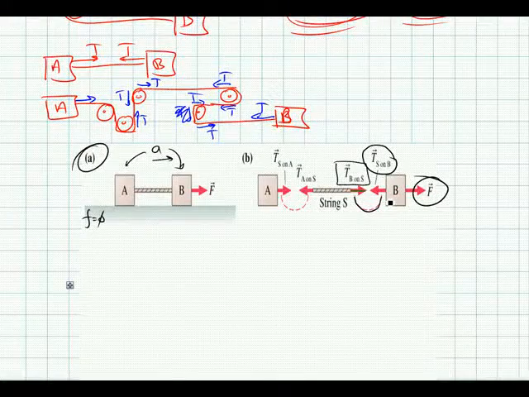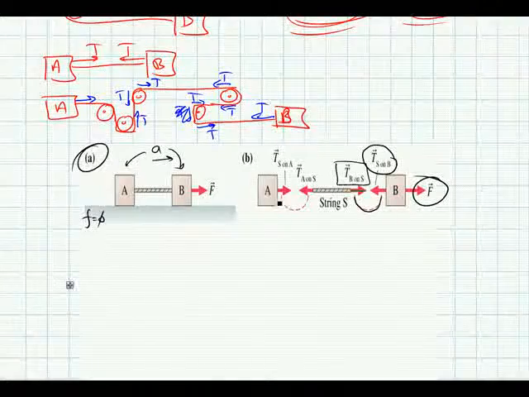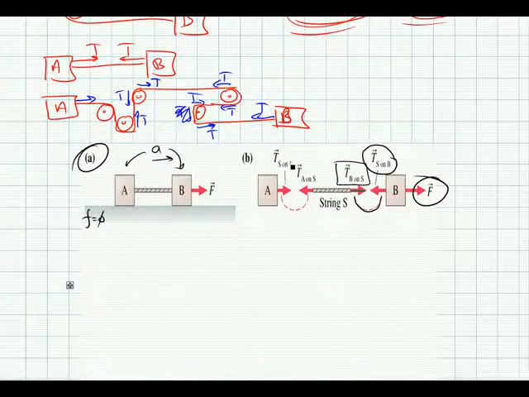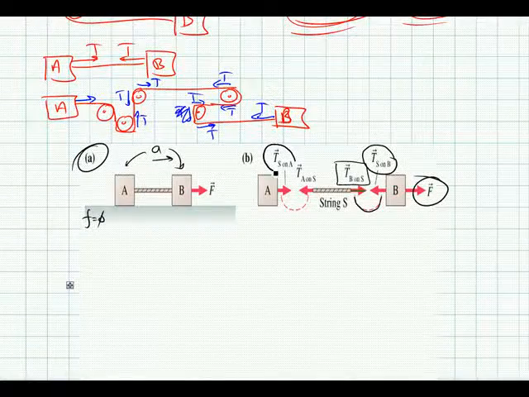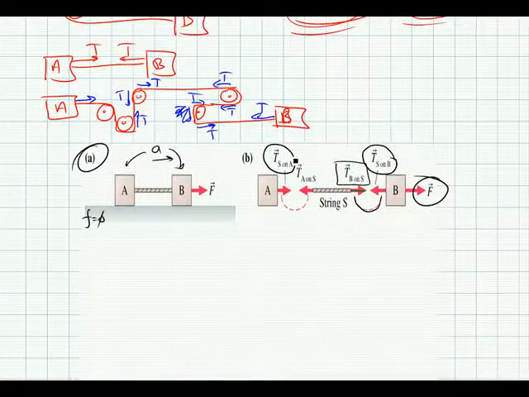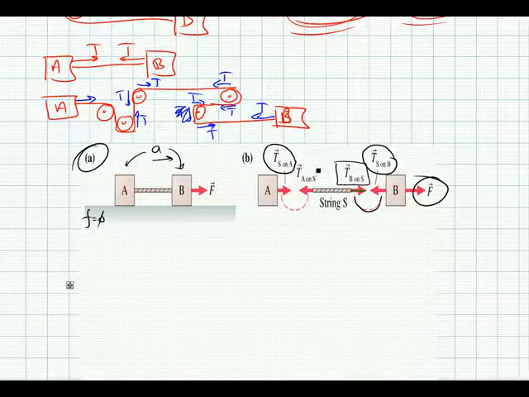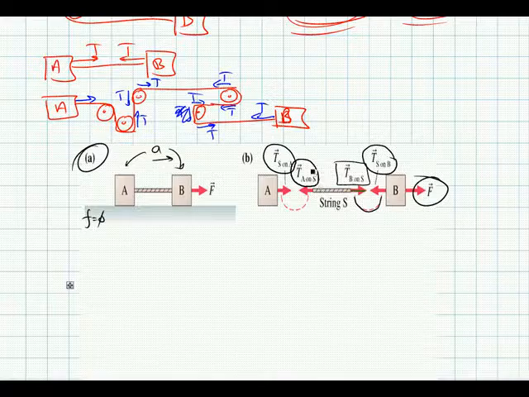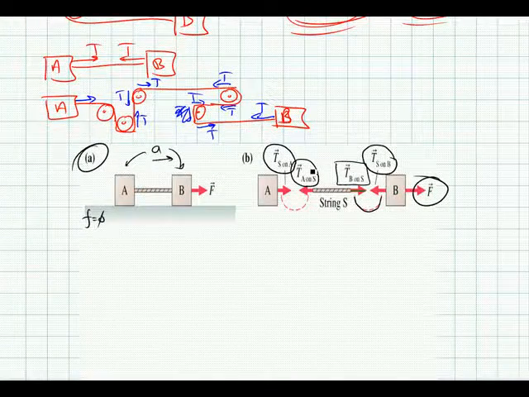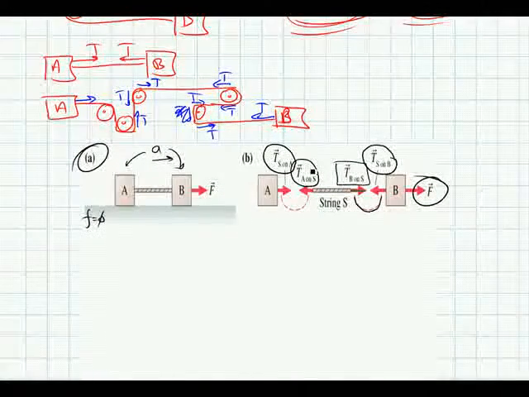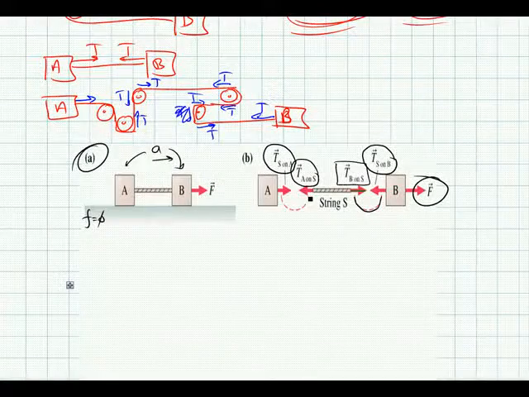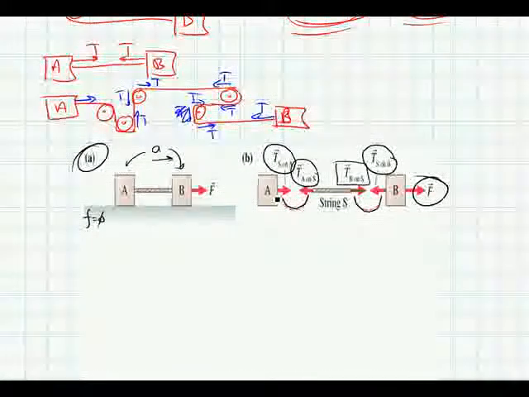No, let me take that back. And the force on A is of course the force that the string exerts on object A, which is an action-reaction pair with T_AS, the force of A on S, and these two are action-reaction pairs.